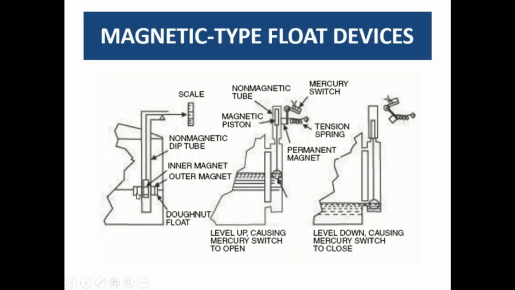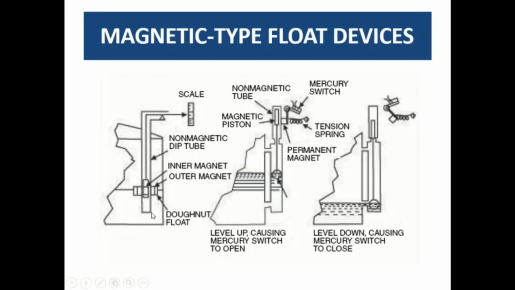This floating element is a magnetic floating element, and once the level gets higher and higher with time, this outer part will move upward, and this inner magnetic part will move accordingly, following how the outer magnetic part moves upward or downward, which totally depends upon the level of the liquid.